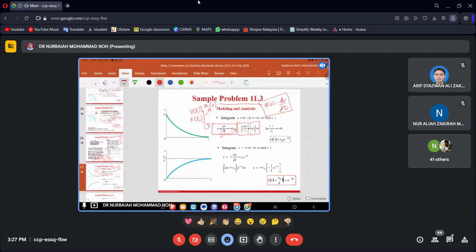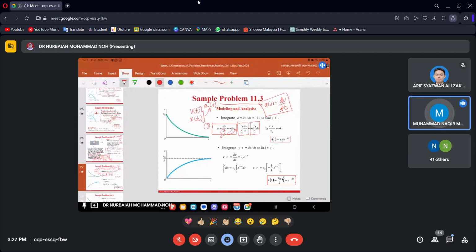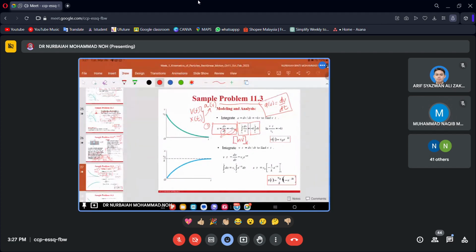So when we integrate 1 over V dV, it will give you what? Okay, V naught to V over V naught. Ini V as a function of T, bukan V darab T. This is V as a function of T.